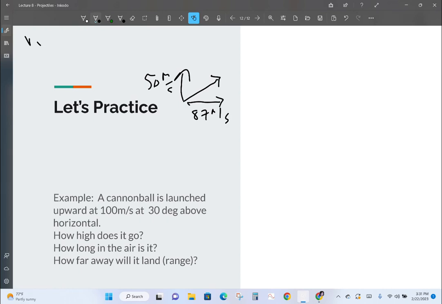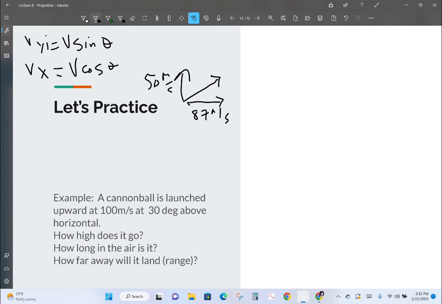Remember, Vy is going to be V sine theta. That's our initial Vy. And Vx, which is always the same, is going to be V cosine theta. So I just took 100 times cosine 30 and 100 times sine 30.